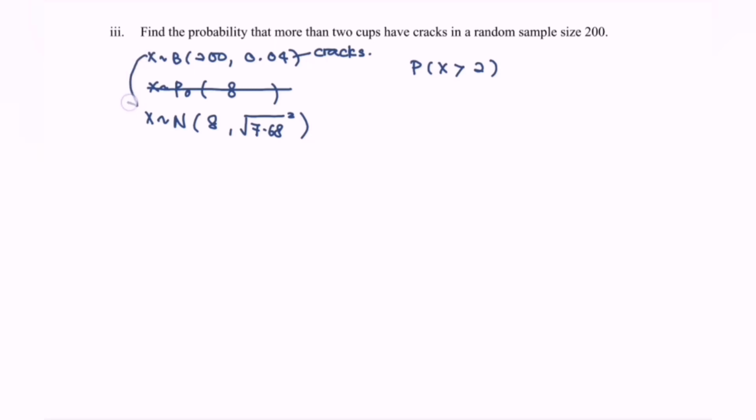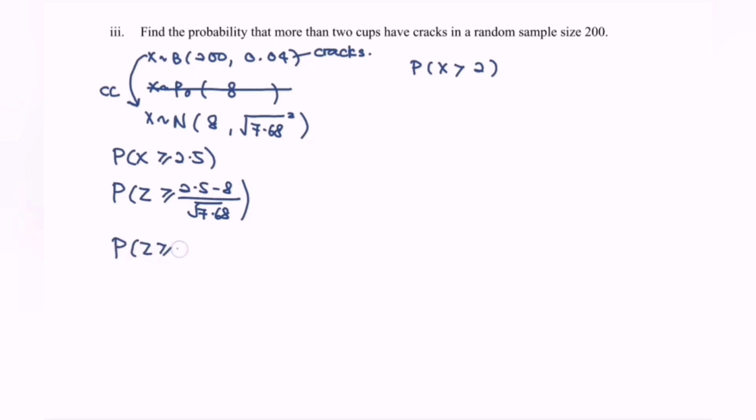So we go from the binomial to the normal, and do remember to apply the continuity correction. Step number 1, kindly apply the correction, where X is greater than or equal to 2.5. The second step is to standardize: Z is greater than or equal to 2.5 minus 8 over the square root of 7.68. Simplifying, Z is greater than or equal to negative 1.98.